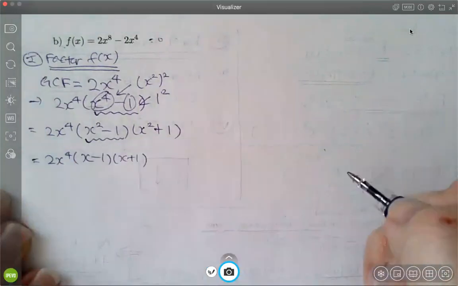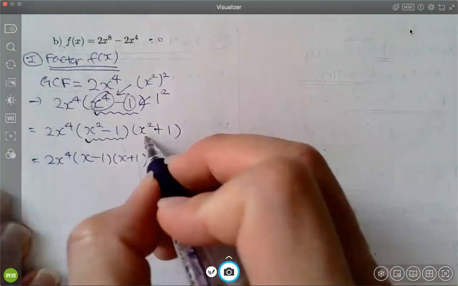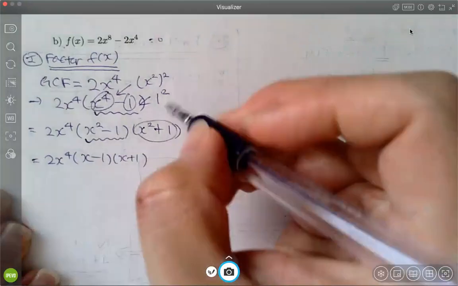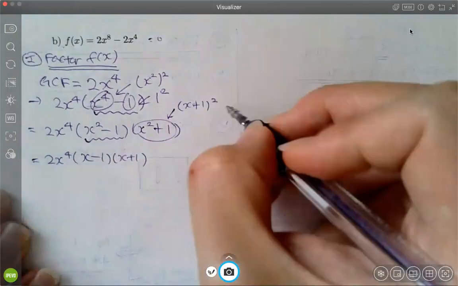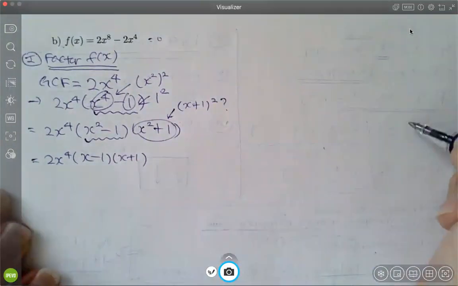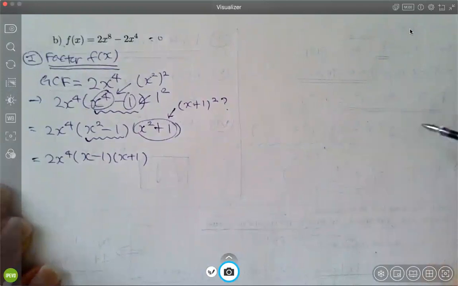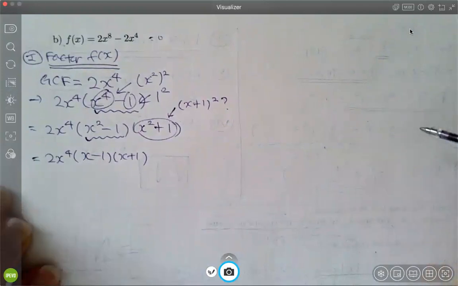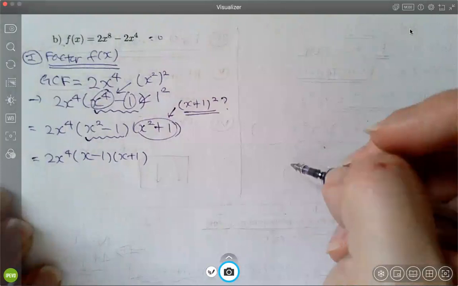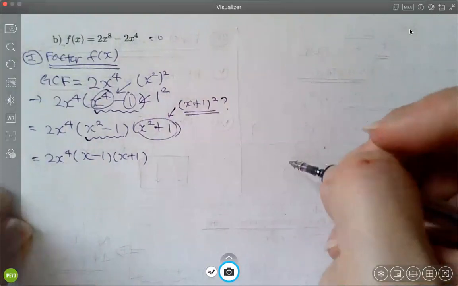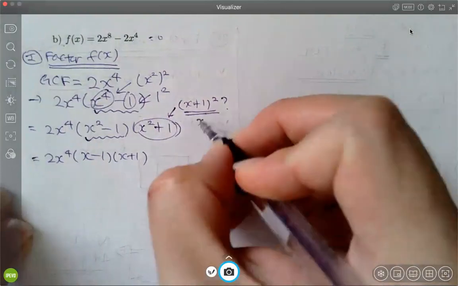Okay, and now what about this x squared plus 1? Is that equal to x plus 1 entire thing squared? And the answer is no. Why not? Because if you FOIL this, do you get x squared plus 1? Or do you get something else? When you FOIL this, you get x squared plus 2x plus 1, right?